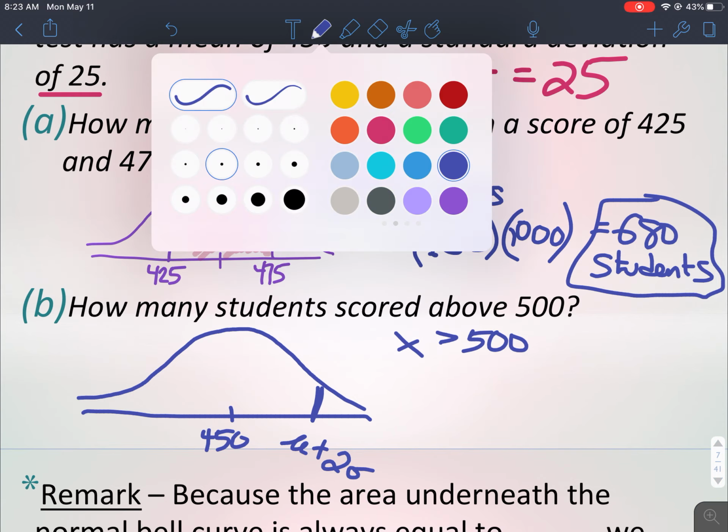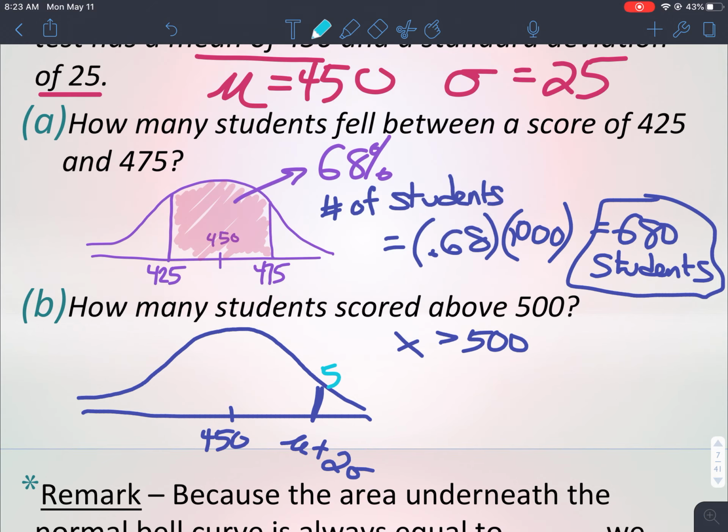So that score right there is 500. And everything above that would be the area to the right. So it's just in the one tail. So that region represents scores greater than 500.